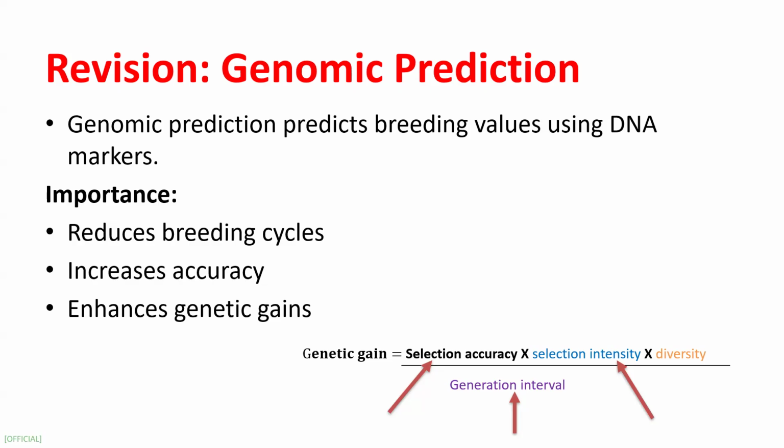And then the importance, as we said, is that the ultimate goal of a breeder is to increase genetic gain, and that can be done by increasing selection accuracy, increasing the intensity of selection, and also if you have a way to reduce generation interval, this will accumulate to an increase in genetic gain.